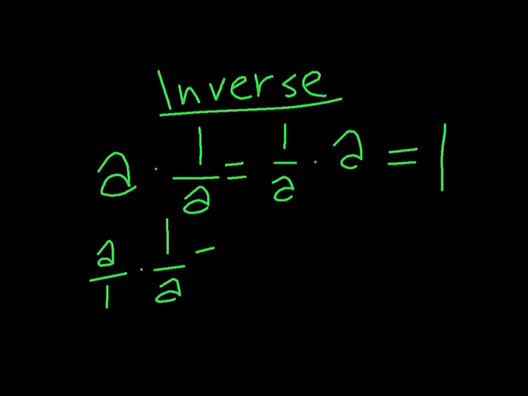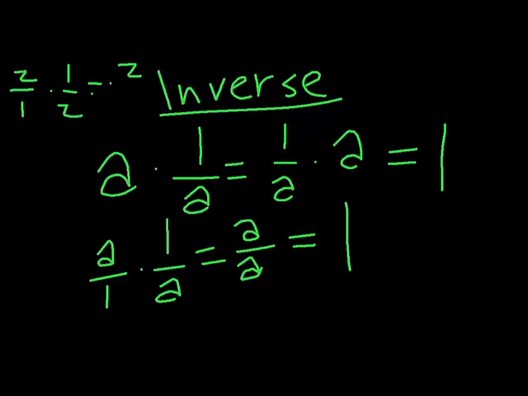A over 1 times A does equal A over A, which any number that is over itself in a fraction, the numerator and the denominator are the same, that's always going to equal 1. And just for the sake of time, I'm not going to go too in-depth about that. Hopefully that makes sense to you guys. You know, 2 over 1 times 1 over 2 equals 2 over 2, which does indeed equal 1.